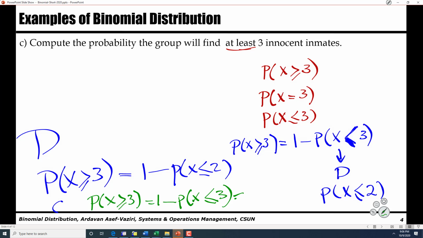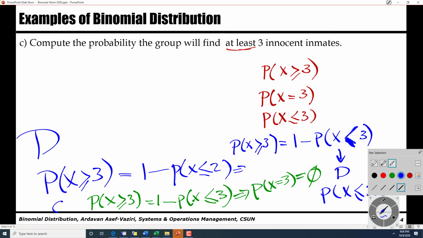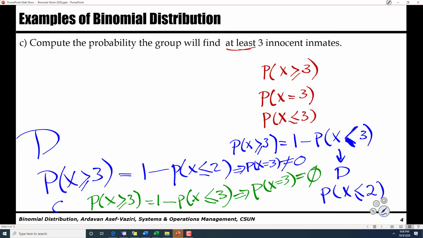Because there the probability of x equal to 3 is 0, but here the probability of x equal to 3 is not 0. You need to remember this, which is the difference between continuous and discrete probability distributions.